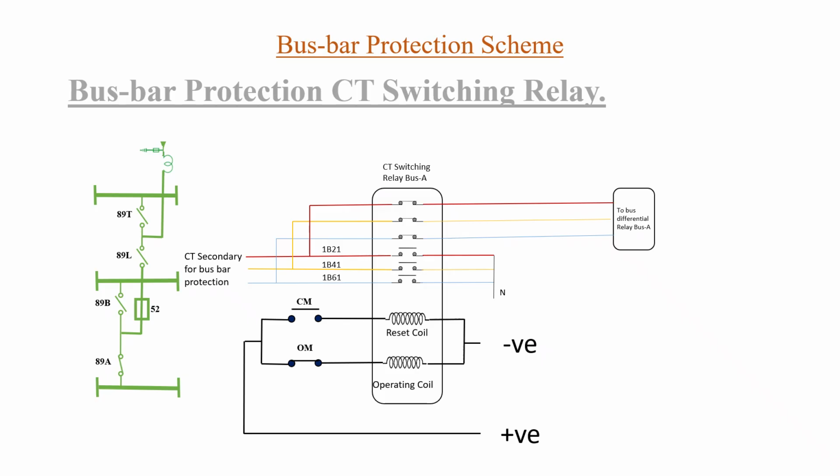So that is how the CT will be sending this feeder's current to the differential relay based on the position of this isolator using these auxiliary relay contacts. Okay, so you can see the isolator plays a very crucial role in sending the CT secondary currents for busbar protection.